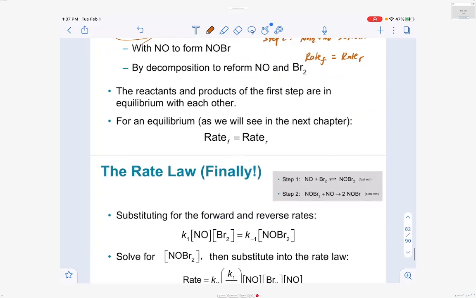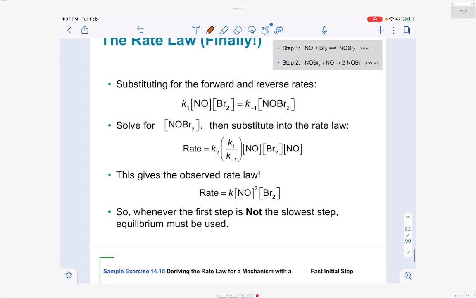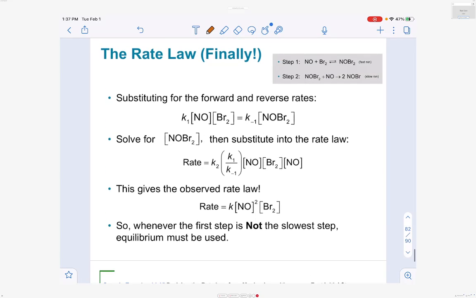Then the forward reaction for step 1 would be K1, the rate constant for step 1.